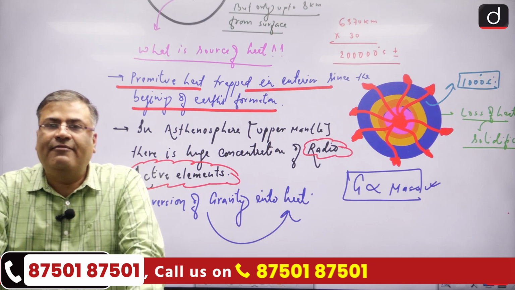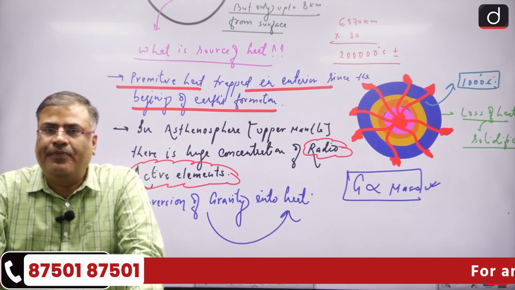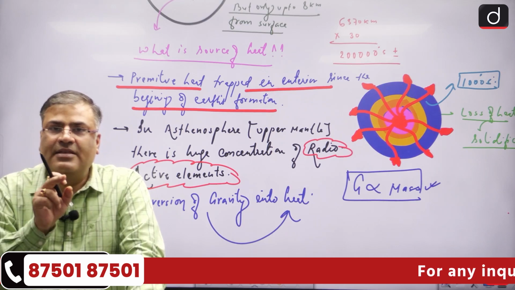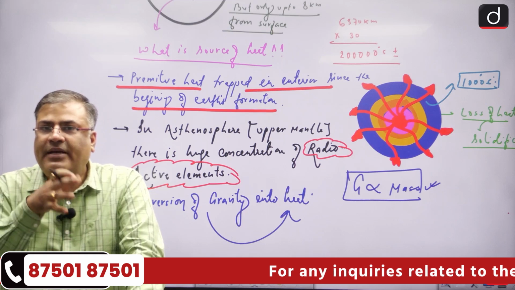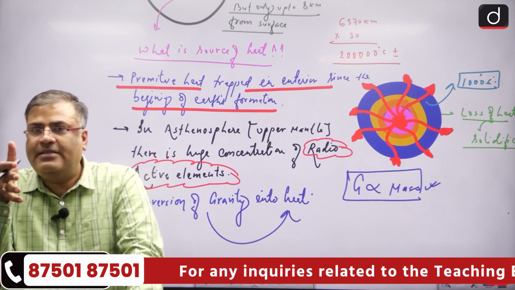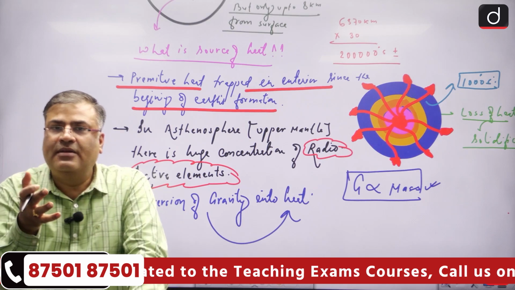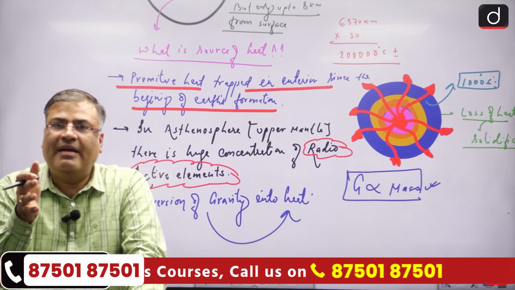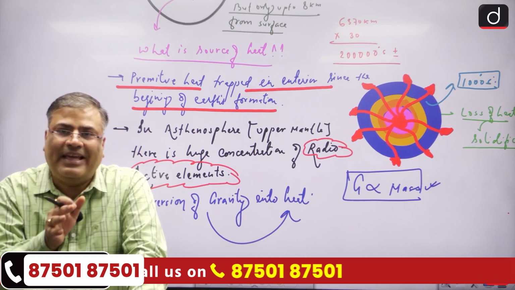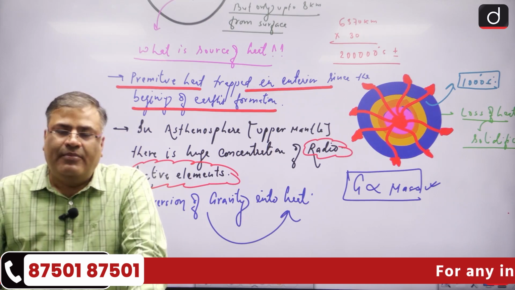And if the mass was lesser, then obviously the gravity was also less. And if the gravity is less, it means the heat in the interior was also less. But gradually, if the mass is increasing, gravity will also increase. And if the gravity is increasing, then a substantial part of the gravity will also convert into heat, and that heat was responsible for the increase in temperature in the interior.